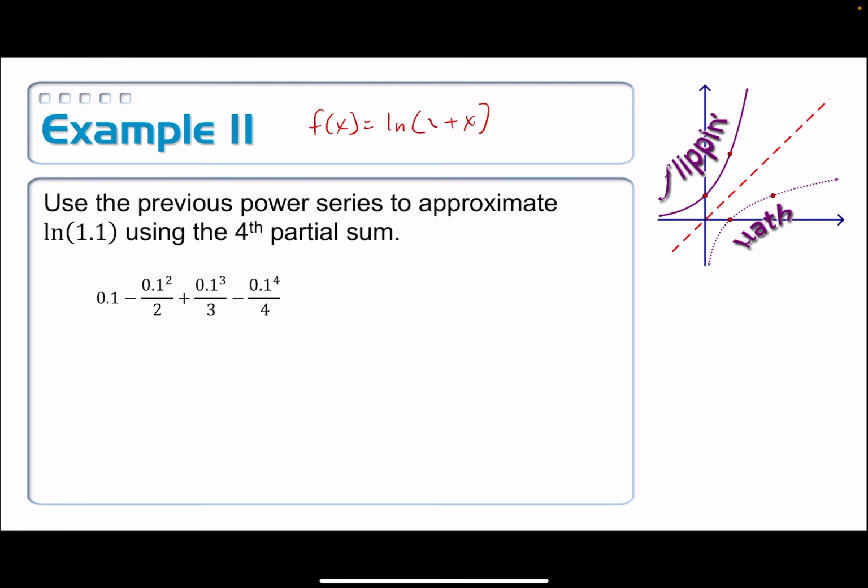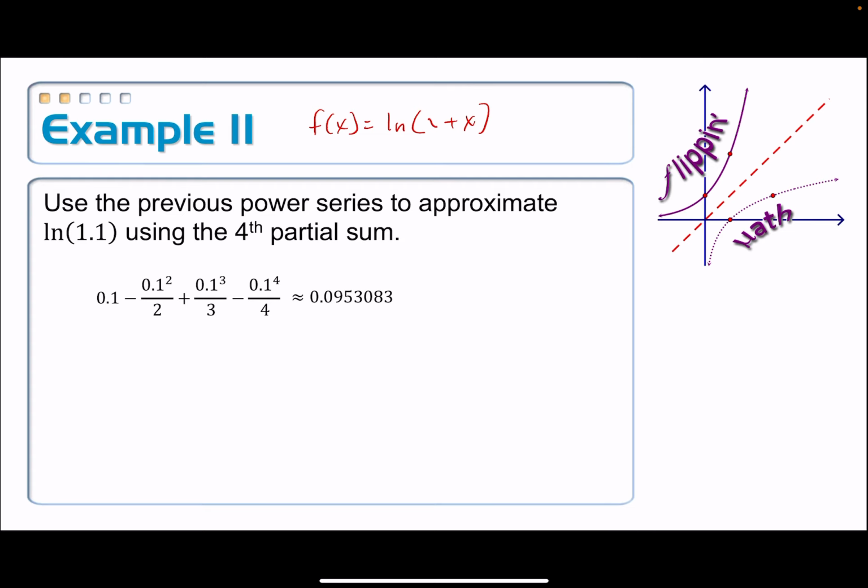Essentially, we plugged in 0.1 to get the natural log of 1.1. So your x value is 0.1. So there is the series expansion. Remember, this is x minus x squared over 2 plus x cubed over 3 minus x to the fourth over 4. Here are your 4 terms. If you sum this up, there's your fourth partial sum. You could calculate that by hand if you really wanted to, or throw that thing into the calculator.